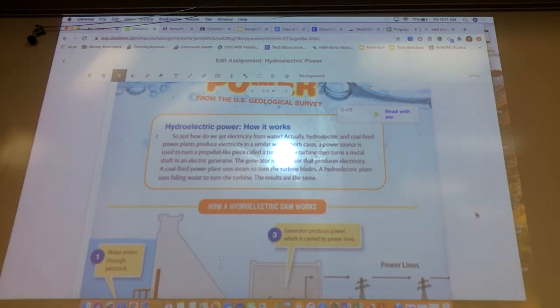The turbine then turns a metal shaft in an electric generator. The generator is the motor that produces electricity. A coal-fired power plant uses steam to turn the turbine's blades. A hydroelectric plant uses falling water to turn the turbine. The results are the same.